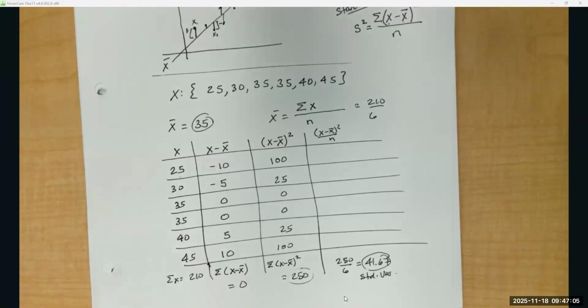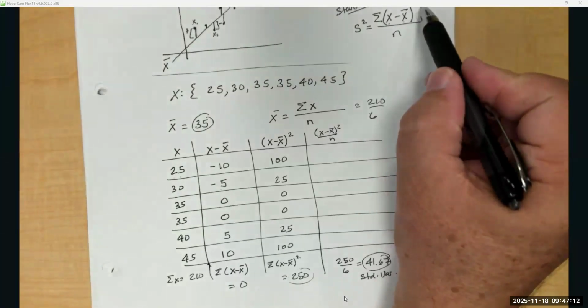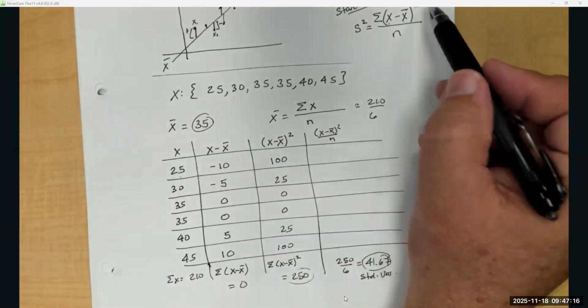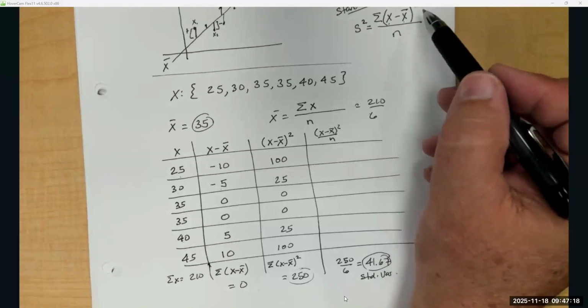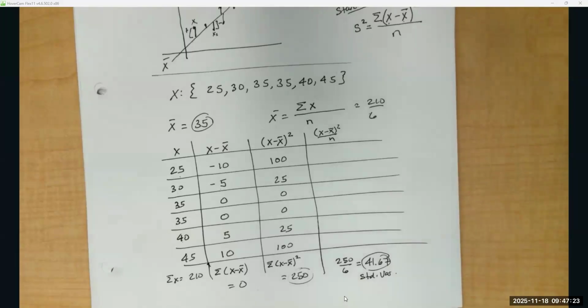The problem is when we squared it. When you square a number, what happens to it? It becomes super large.